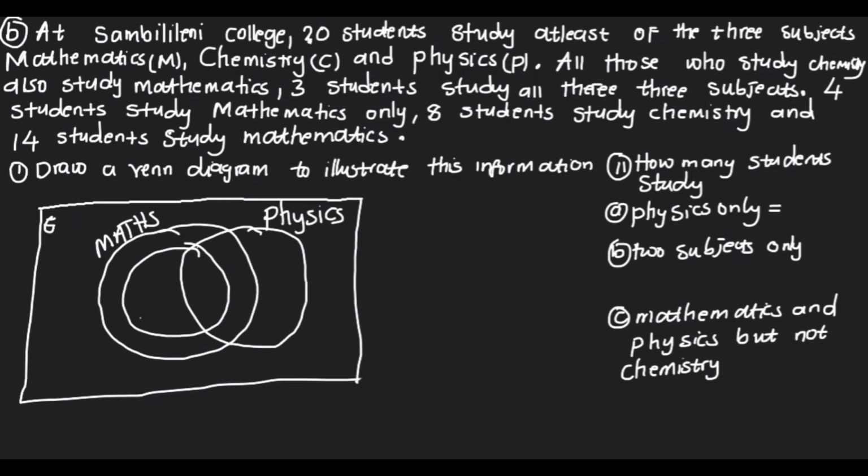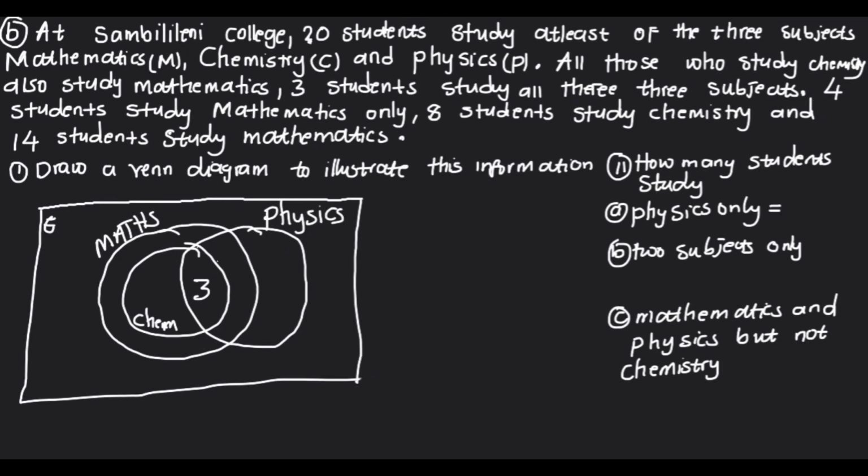Then we'll have our chemistry inside. Okay, so let's look at first the students that studied all the three. So 3 students. So here is the intersection of all the three. Why? 3 is part of chemistry, is part of physics, it is also part of mathematics.